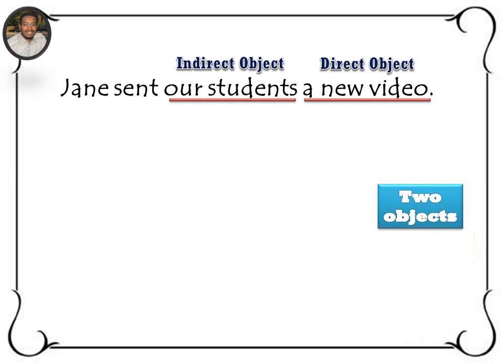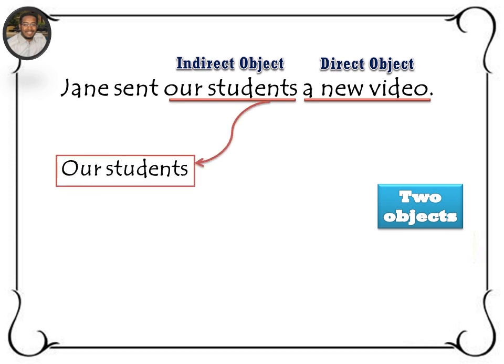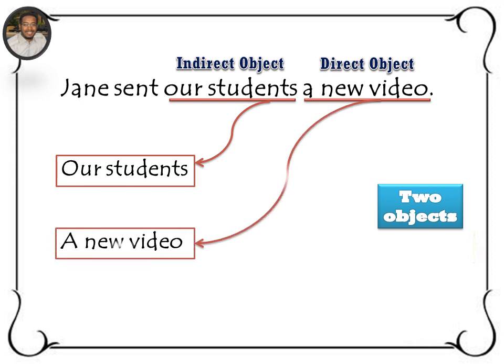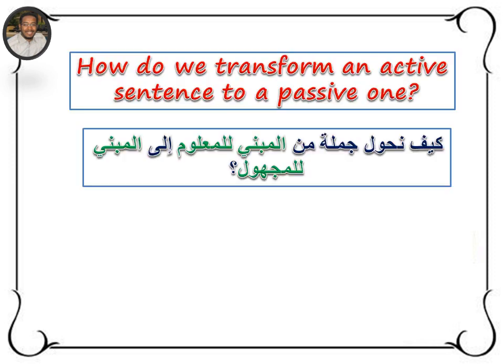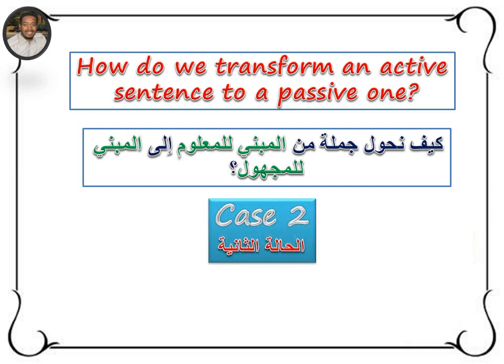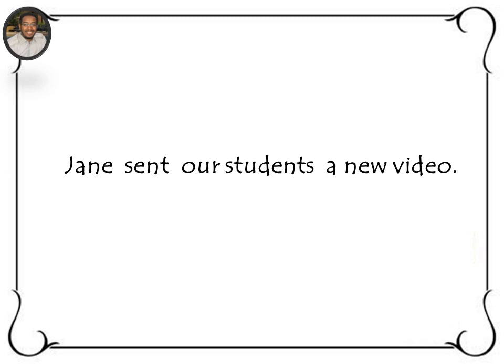Now if we want to make the passive of a sentence in which we have two objects, we may start with the indirect object or with the direct object. And this is case 2, and let's see how we can do it. So always start with analyzing the sentence.